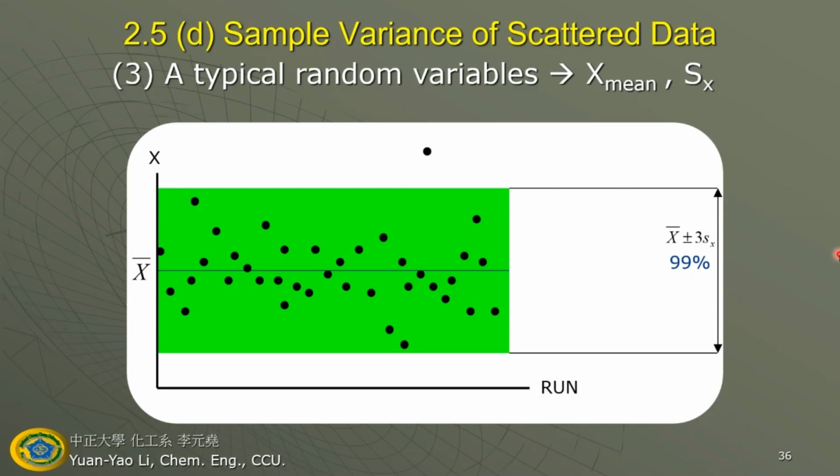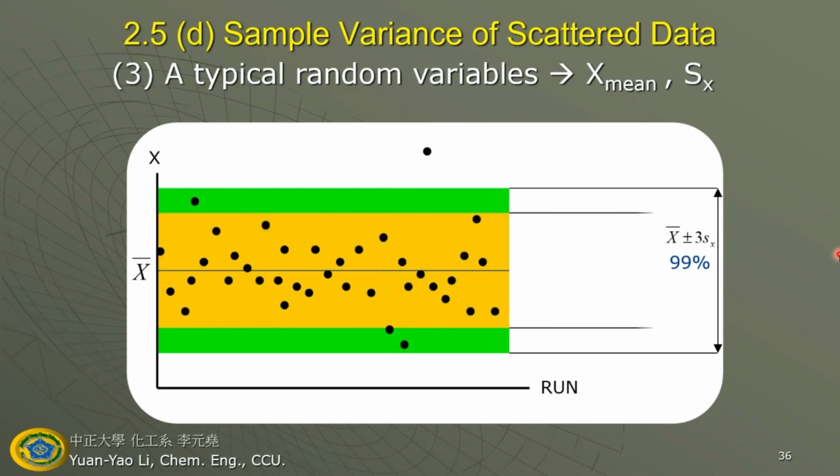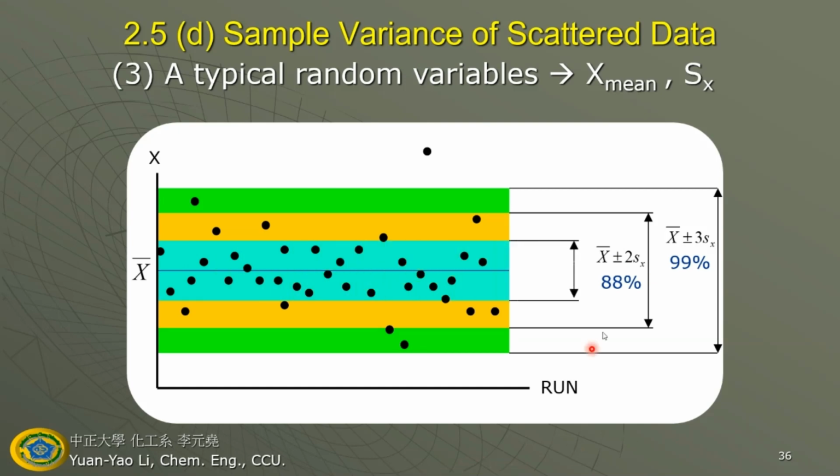Okay? And then how about 2 standard deviations? How many percent? Normally it's about 88%. The data will be within plus or minus 2 standard deviations. And if you narrow down to 1 standard deviation, that's about 2 out of 3. Two thirds of the data will be in the range of X over bar plus or minus 1 standard deviation.